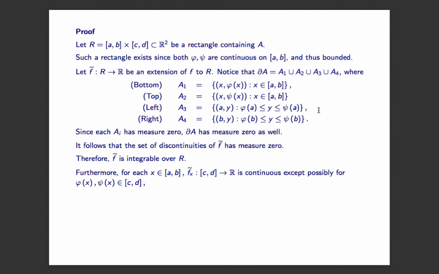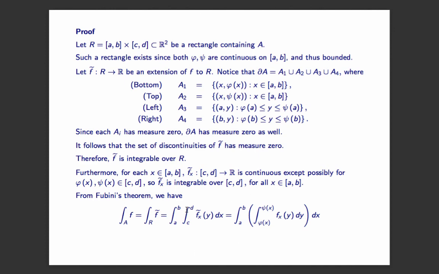There it may not be continuous. But if it's only discontinuous at 2 points, then it's integrable. And remember that I'm integrating f tilde over the interval c to d, but remember that f tilde, once I get below phi and above psi, is 0.